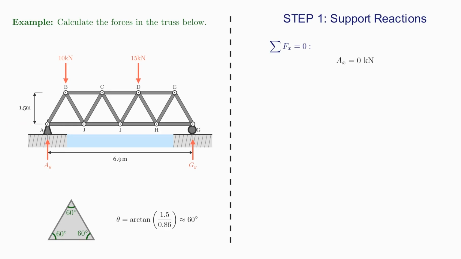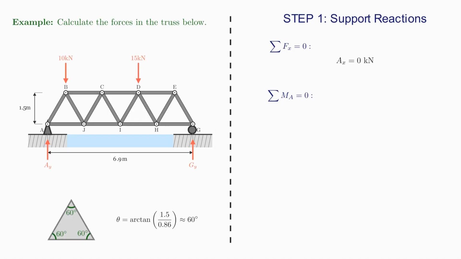Now we want to take moments at A. Taking anything which is a counterclockwise moment as positive and any clockwise moments as negative, the sum of all moments at A is going to be equal to 0. Moments are force times distance.